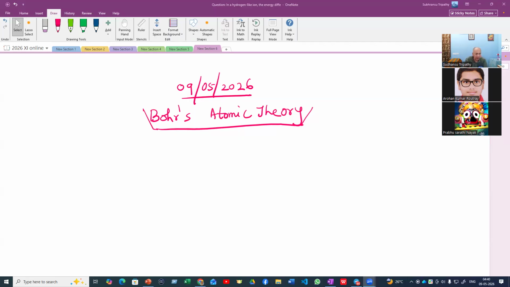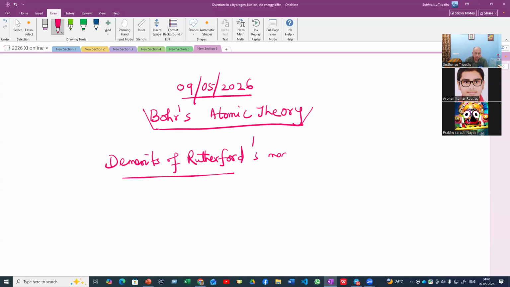So to start today, we take up the demerits of Rutherford's model. Rutherford was the first person to give some acceptable, logical model of the atom.